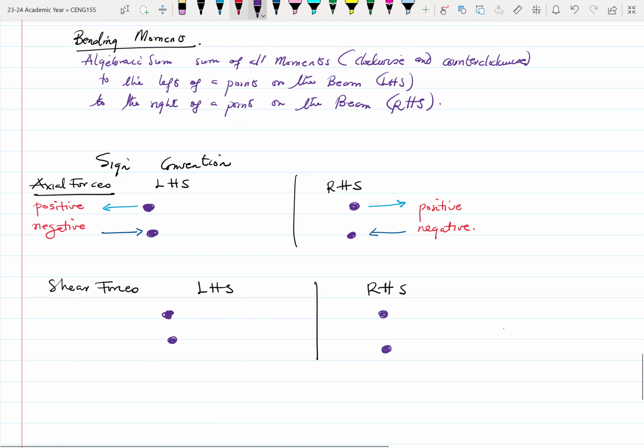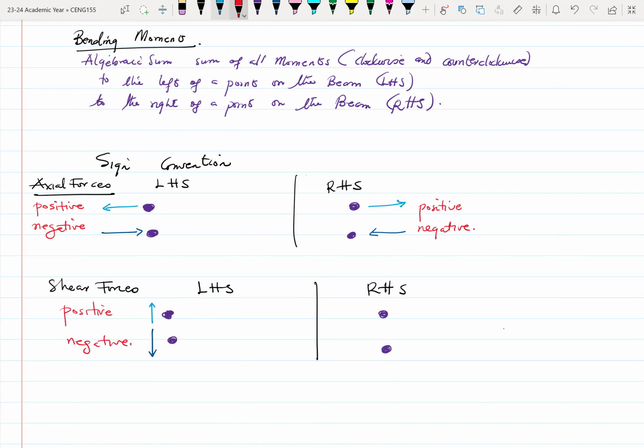On the left-hand side, if we have a force going up on the left, and a force going down on the left, then if it's upward on the left, that is what? Positive. If it's downward on the left, that is negative.